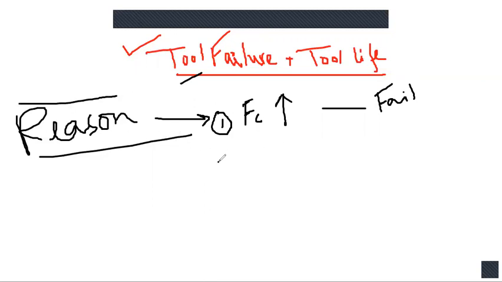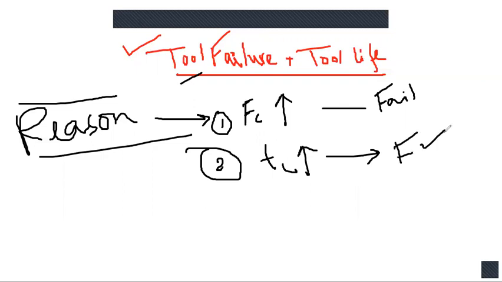Okay, second point is cutting temperature. If the cutting temperature between tool and job interface is very high, then tool is also fail. Okay, so these two conditions cause the tool to fail.